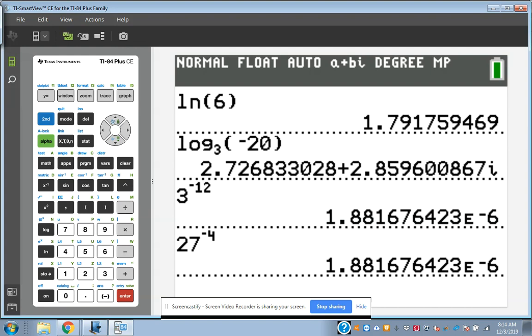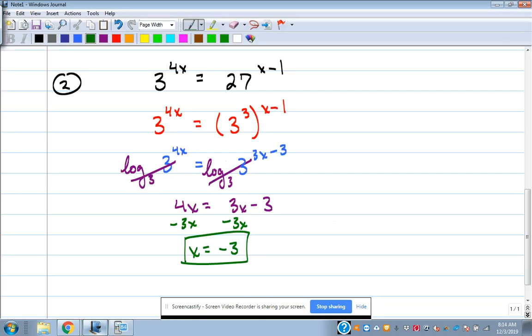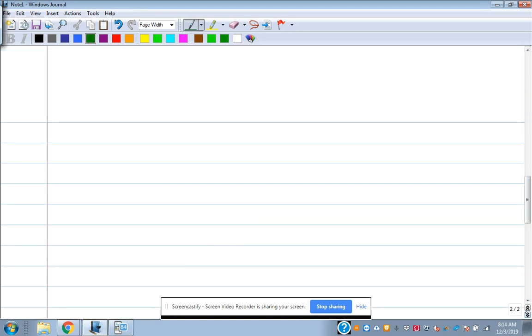So that is the correct answer. So we can check there. So nice and easy, but we've got to get the bases to the same level on each side. That's the key. Let's look at one that's a little tougher. 81 to the 3 minus x equals 1/3 to the 5x minus 6.